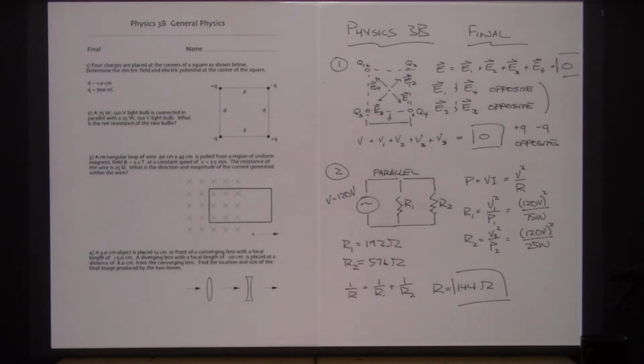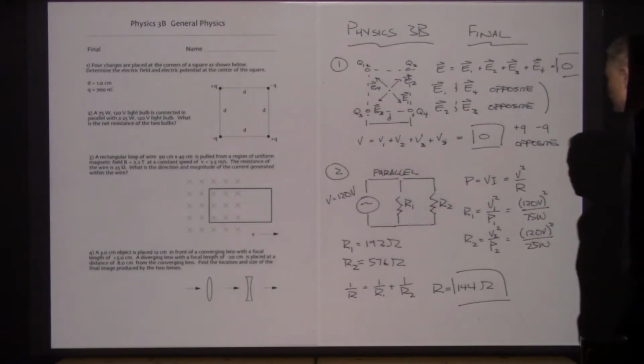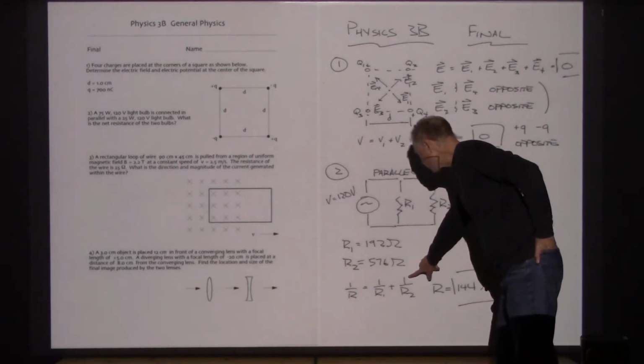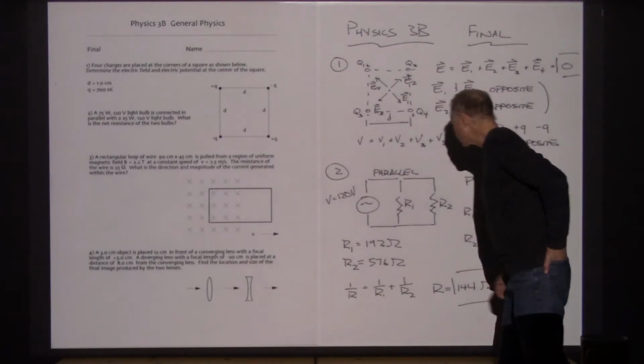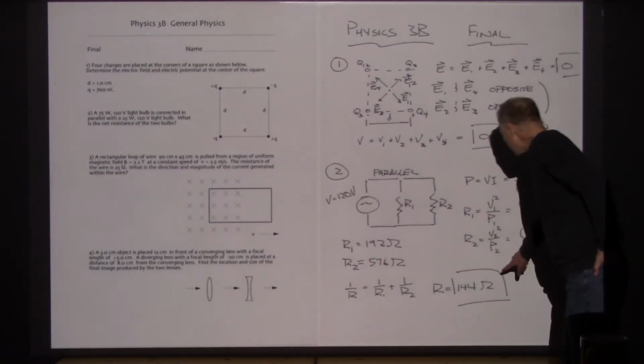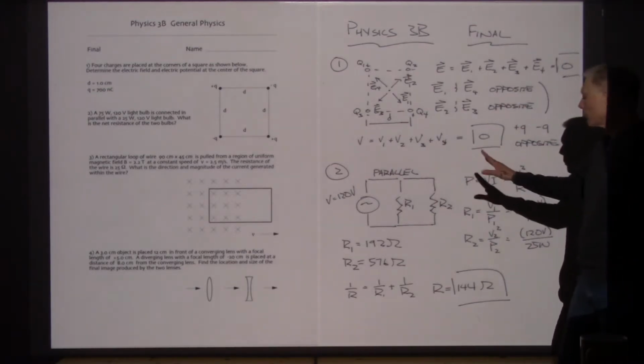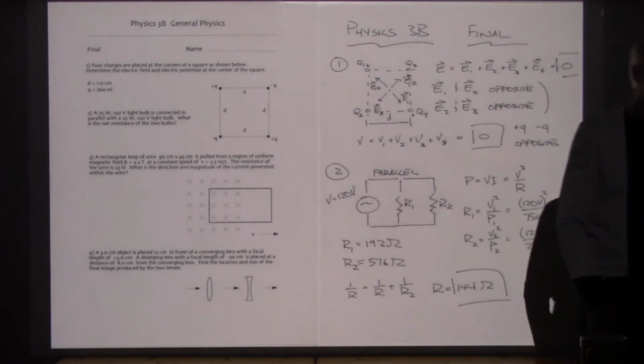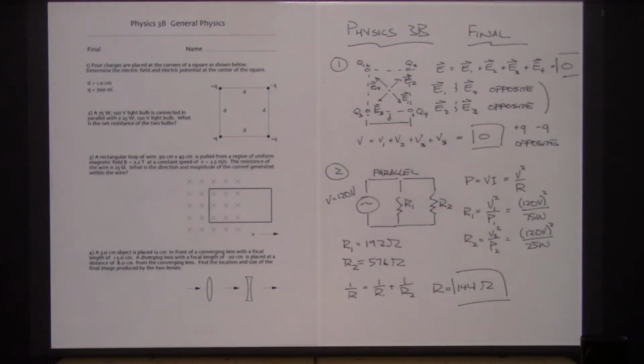It's not going to be as high because I've provided more paths for the electricity to follow. So I'm using the formula that applies for resistors in parallel. Following the formula, it turns out that the combined resistance, both of those turned on at the same time, is the equivalent of one resistance of 144 ohms.